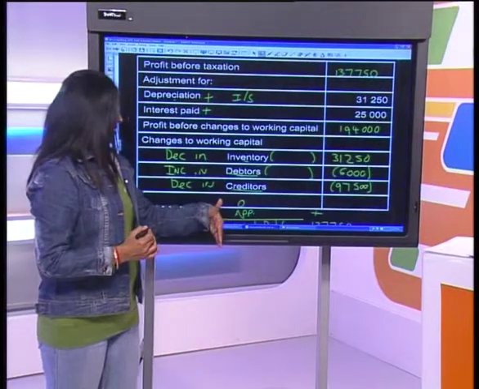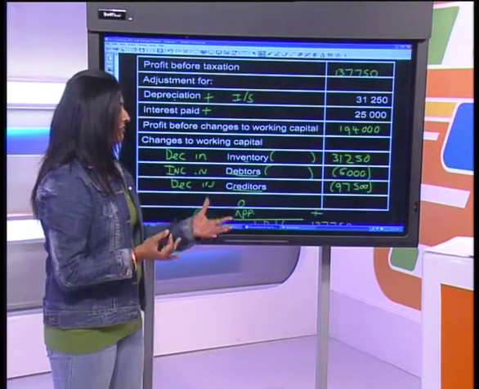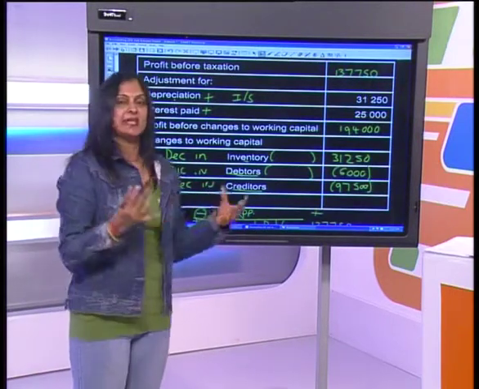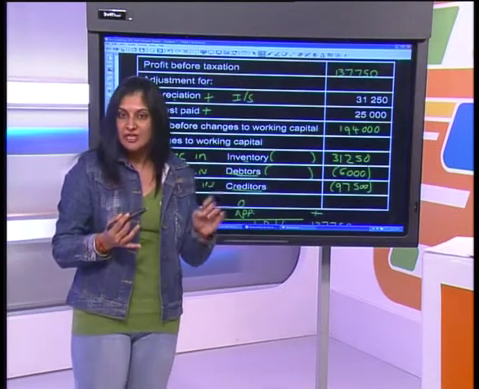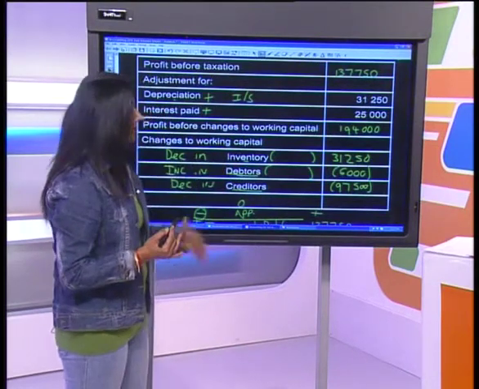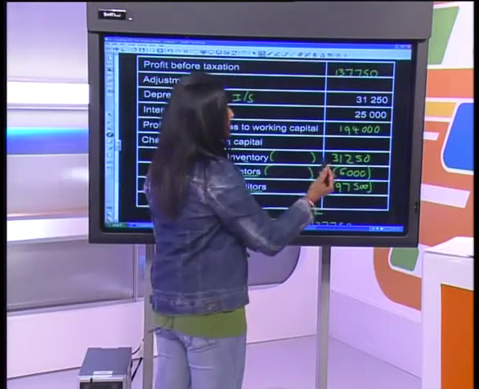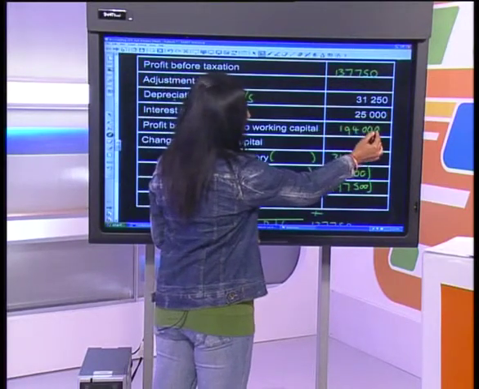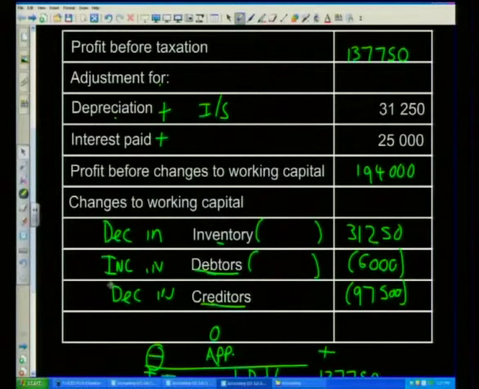Right, guys, we've come to the end of note 1, which is a matter of just taking your calculator and calculating that final amount, your cash generated from operations. I'm not going to do that for you because it's really straightforward. Let's just go through the procedure. All I'm doing is taking my 194,000. I am then going to add 31,250.